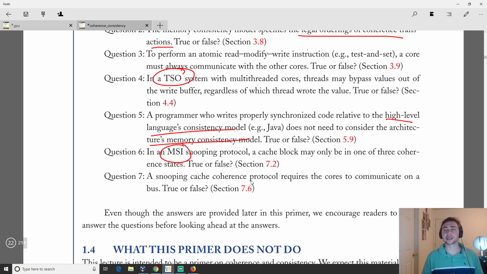Just to motivate why we need to understand this more and more: this is something that is not actually verifiable. In modern parts, because of how many buffers there are in the system, because of simply the size of the memory structures, it's impossible to fully validate a design and say there will not be any coherence bugs, especially when you have designs that are supposed to scale to hundreds and hundreds of processors.